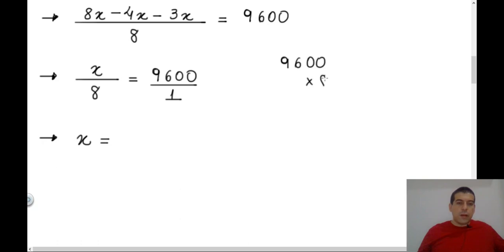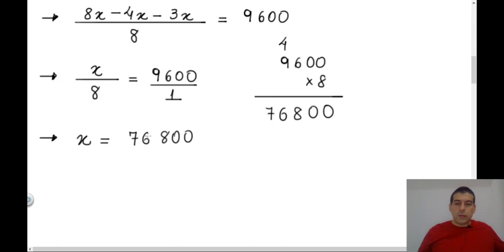Let's find out. 8 times 0 is 0. 8 times 0, 0. 8 times 6, 48. 4 goes up. 8 times 9 is 72, plus 4 is 76. So X is equal to 76,800. So it means that Kevin gave $76,800 to his family. Okay.